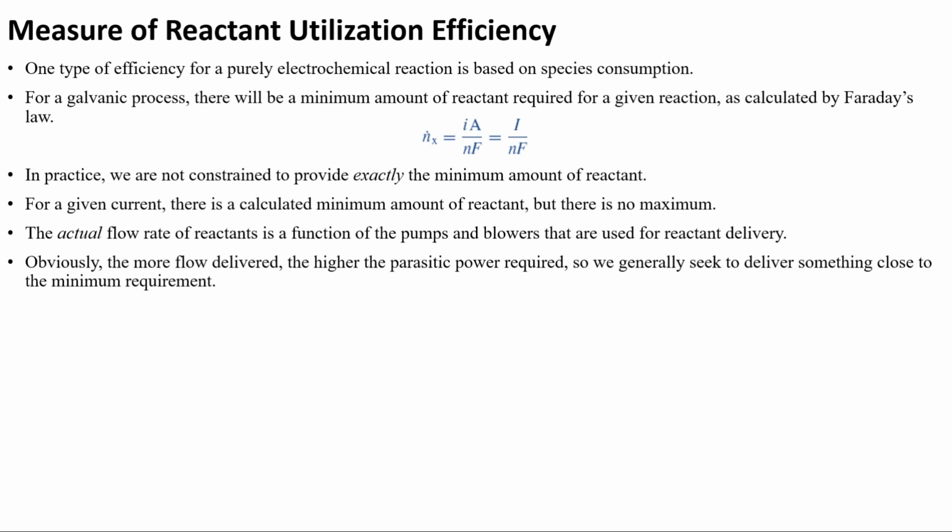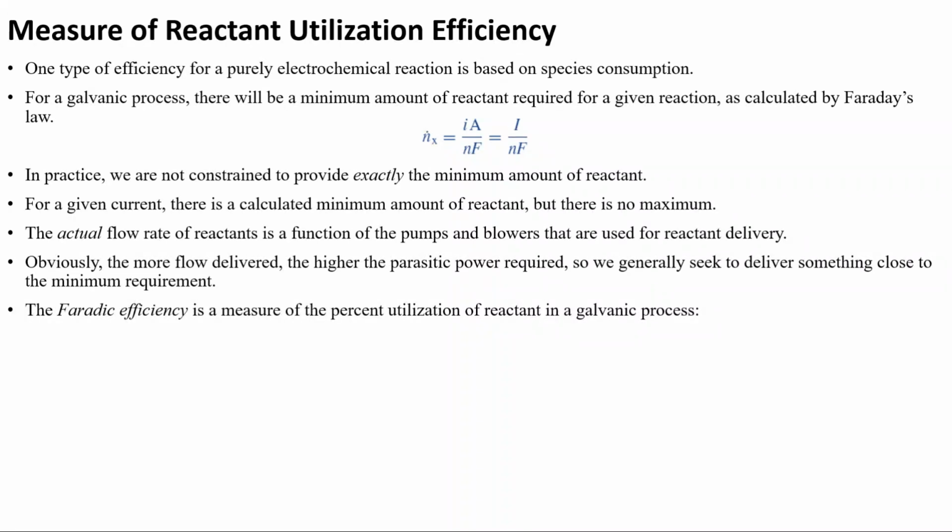If we supply a tremendous amount of hydrogen and oxygen to a fuel cell, it will require a pumping device, and pumping more hydrogen and oxygen will ultimately result in higher pumping power, which increases the parasitic power, which is the power consumed in order to generate useful power. So generally we deliver an amount closer to the minimum requirement.